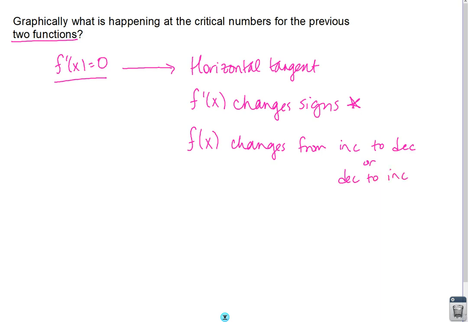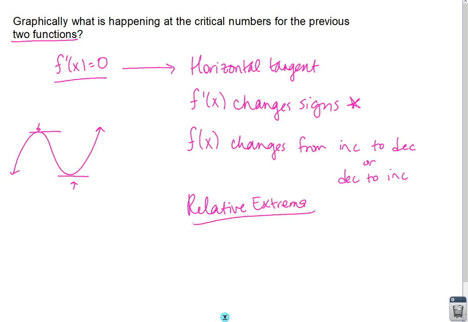Okay, so if we think about graphically, if our function is changing from increasing to decreasing or vice versa, and we have horizontal tangents here and here, what else is happening at these 2 critical numbers? We have relative extrema. This particular one I drew right here, they're not absolute extrema because I have graphs, but it could go up to here and goes down to here.